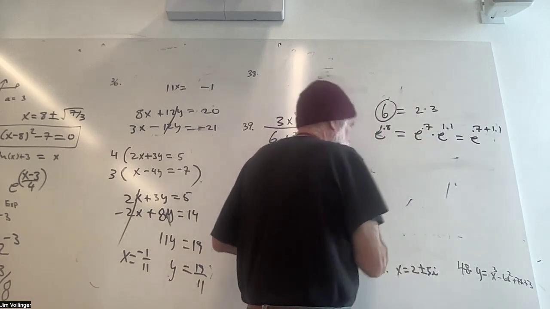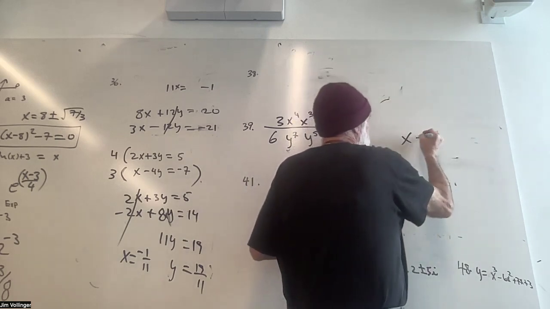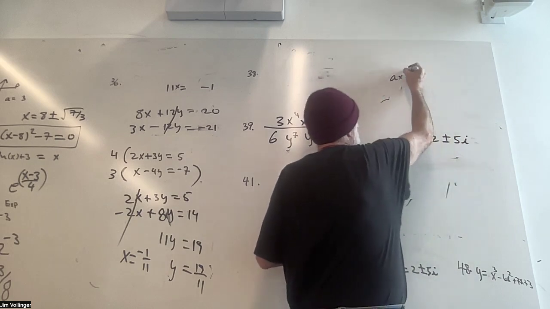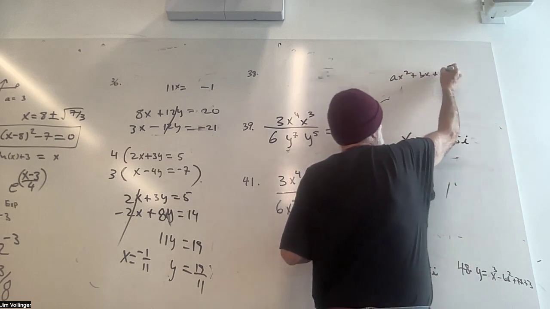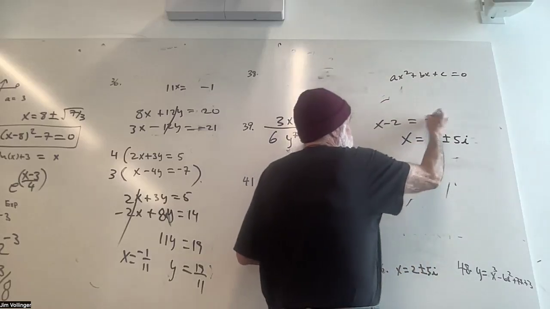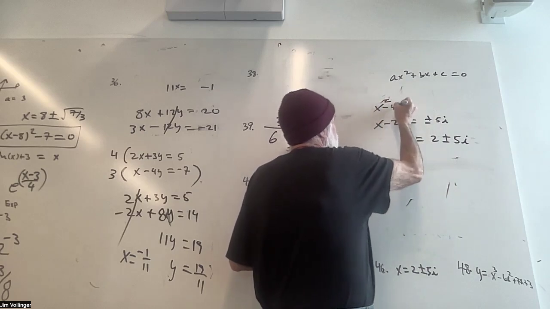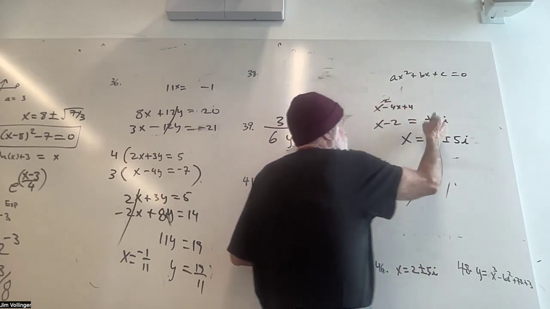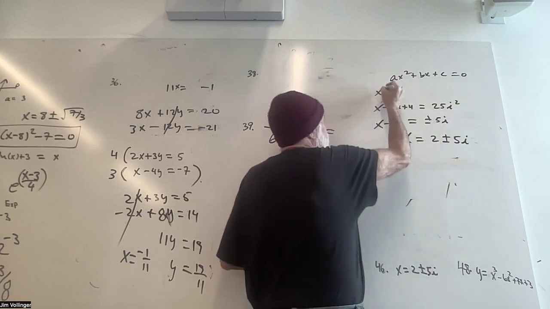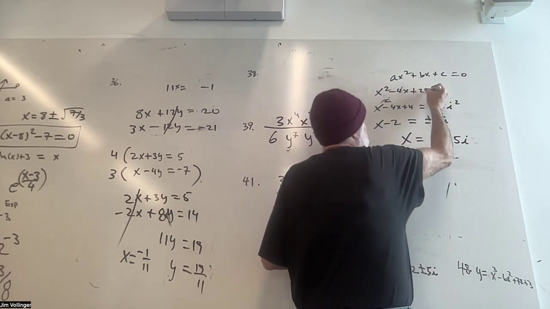All right, x equals 2 plus or minus 5i. I don't like the textbook method. See if you can follow what I'm going to do. This is all about ax squared plus bx plus c equals 0. Trying to get that, so I'm going to subtract 2 plus or minus 5i. I'm going to square it: x squared minus 4x plus 4. I hope I can square this and see 25i squared, which means my final answer is x squared minus 4x plus 29 equals 0.